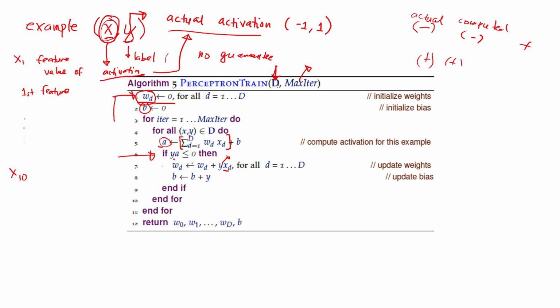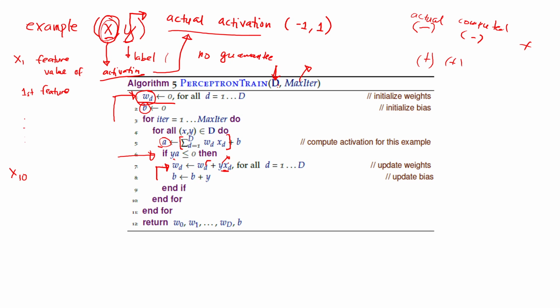Since x here has multiple feature values, for each feature value we're going to update the weights, and since y is just positive or negative, and the feature value could be some specific value, mathematically the weight is updated like this: we take a specific weight, and we add to the current value of the weight the value of the feature corresponding to that weight, multiplied by either negative or positive.